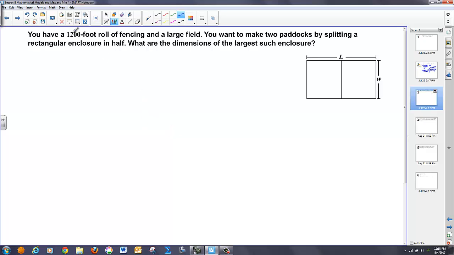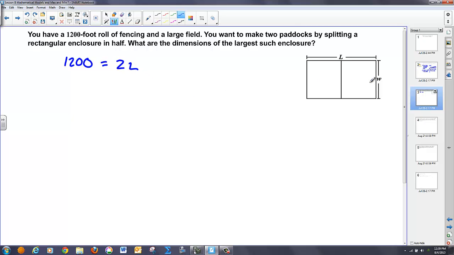All right. If we have 1,200 feet of fence, that means all the solid features of this rectangle are fenced. So we want to say that 1,200 equals every single piece, or 2 L's.